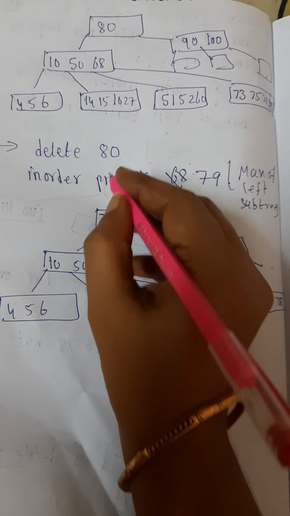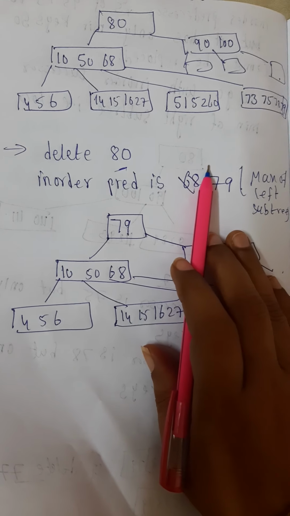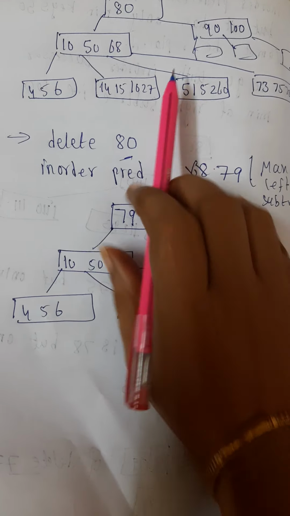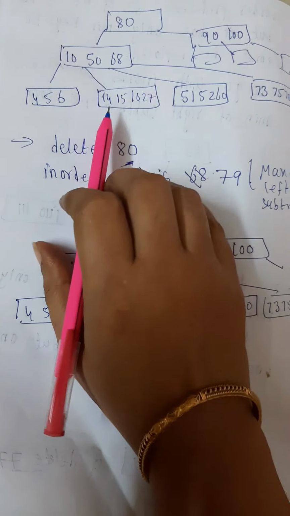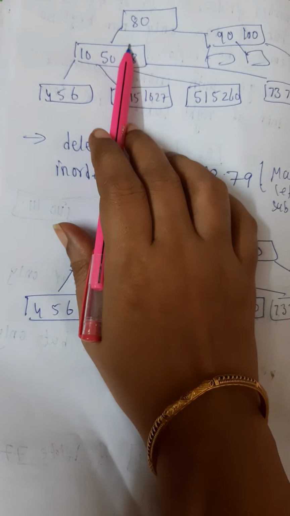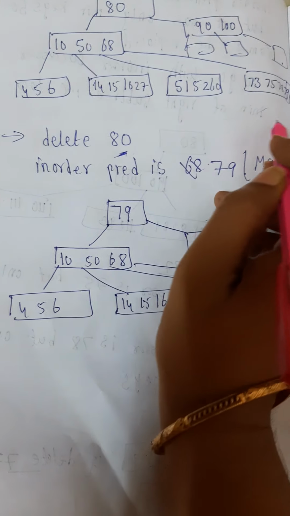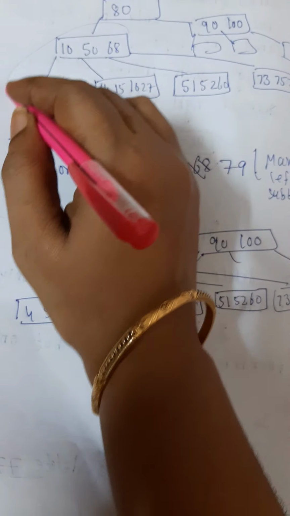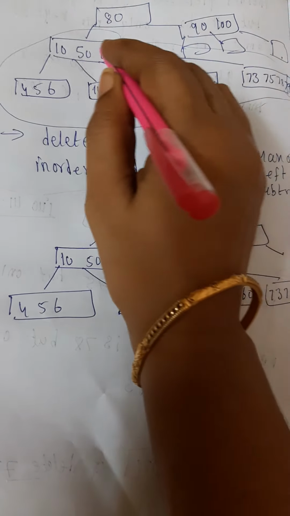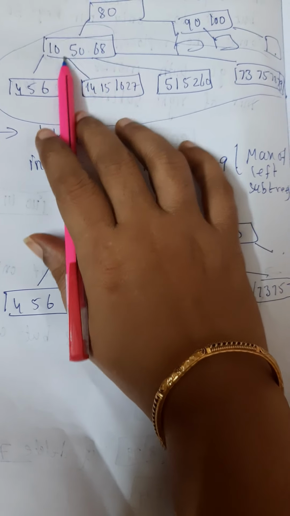I want to delete 80, the parent. And one thing you remember, a parent can have one element. So now I want to delete 80. First I have to check the in order predecessor in the left subtree. This is 80's complete left subtree. In this left subtree, we have to find the maximum.